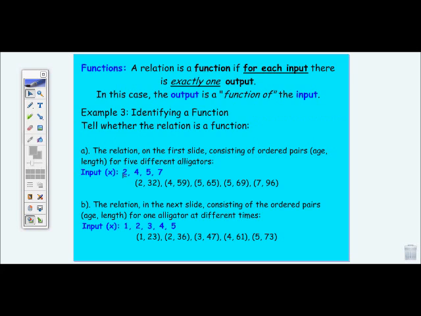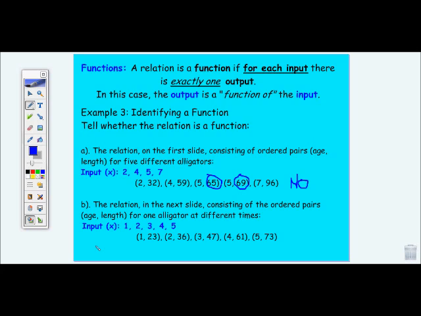So 2 has 32, 4 has 59, 5 has 65, but it also has 69. So this is not a function. No, this one's not a function.